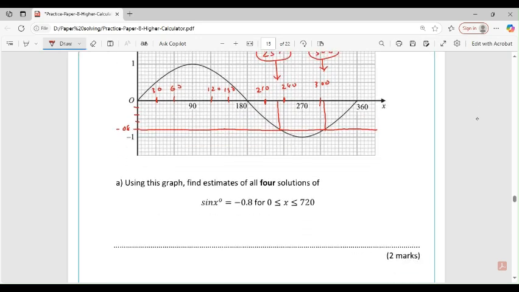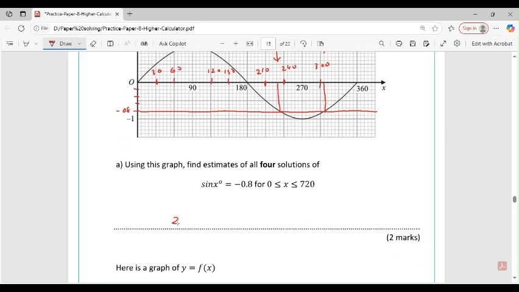Now once you keep on adding 360, because this line is ultimately going to go up and down again, 234 plus 360 and 306 plus 360.